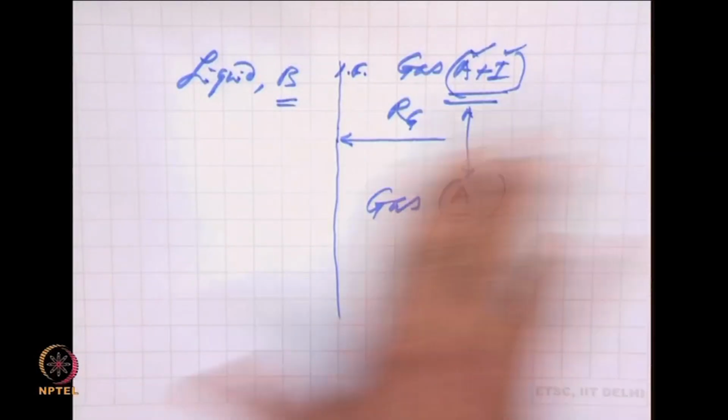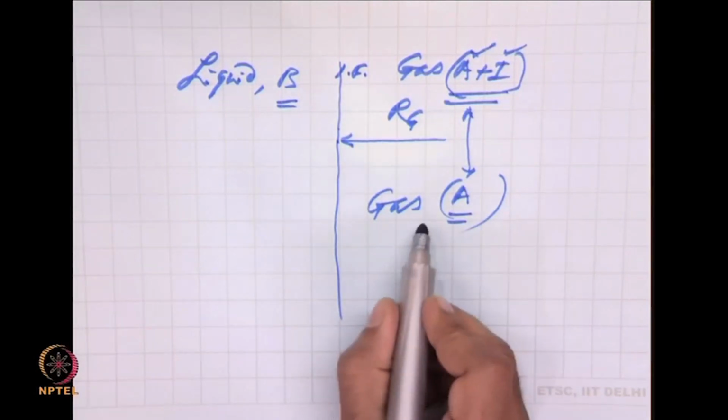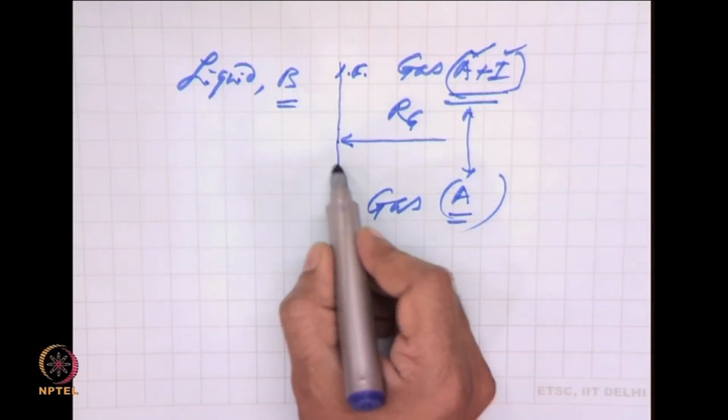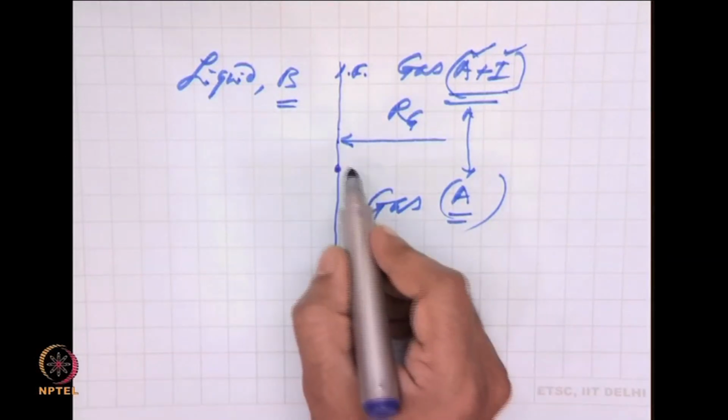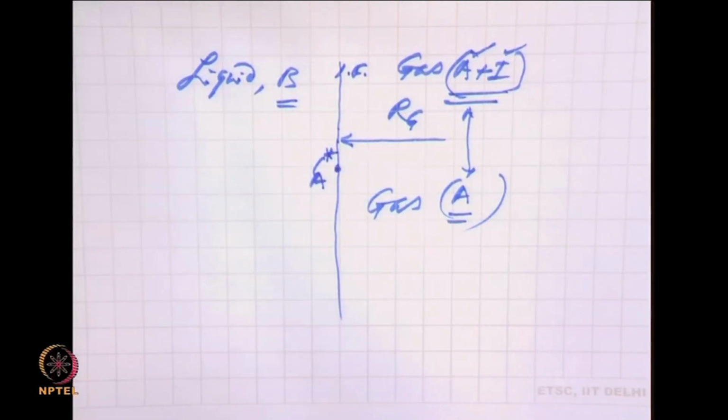Maybe look at the time 0. At time 0, it is all pure A here in the gas phase, it is pure B here, and the moment the gas has contacted the liquid, the interface would become, say, saturated. So, the concentration in the liquid phase at the interface is the saturation concentration Cs star.